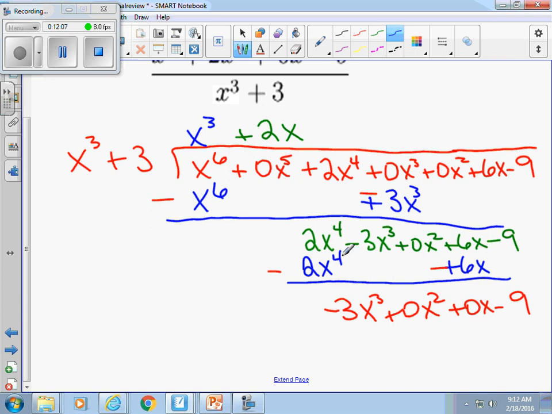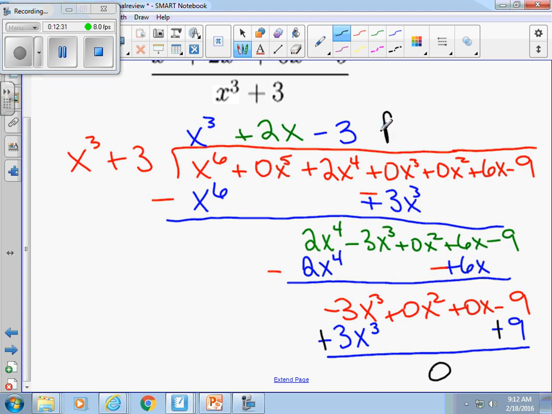X cubed times what gives me -3x cubed? -3. -9. Change both signs. And what do I get? 0. So that one went in evenly.